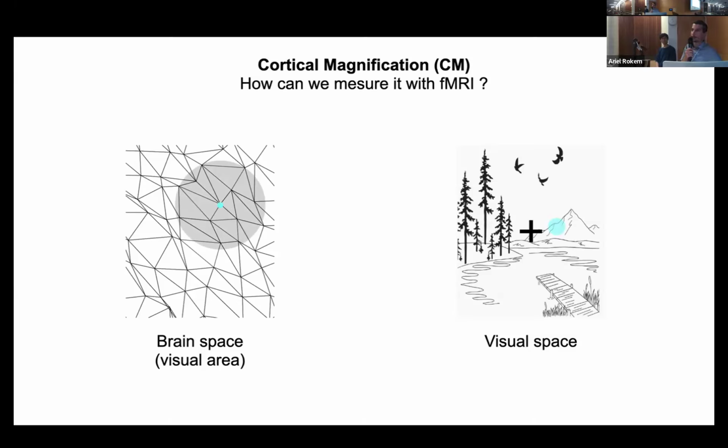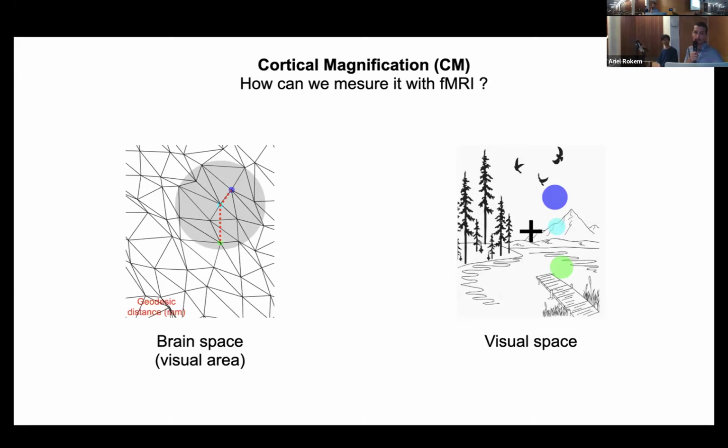And now if I take a circle around this vertex, like 5 millimeters, let's say, I can take all the neighbors. Here I represent only 2 of the neighbors, but you have to imagine that everything here is a neighbor. And I can have their corresponding receptive fields also.